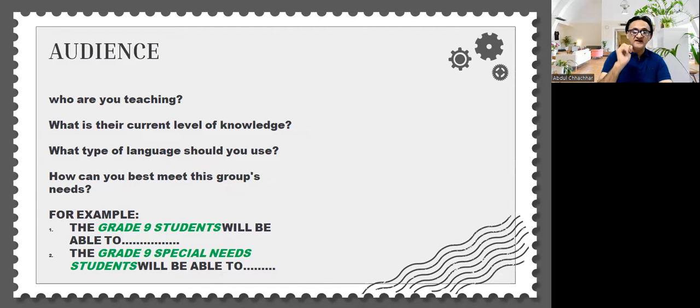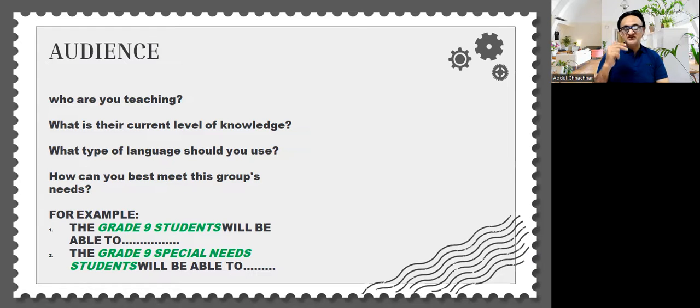For example, you should not write "the grade 9 students will be able to"; it's already taken from the book or text. But their level and standards should match. If you're teaching grade 9 students at grade 6 standards, that means your audience and your learning objectives are not aligned. Second example: the grade 9 special students will be able to do.